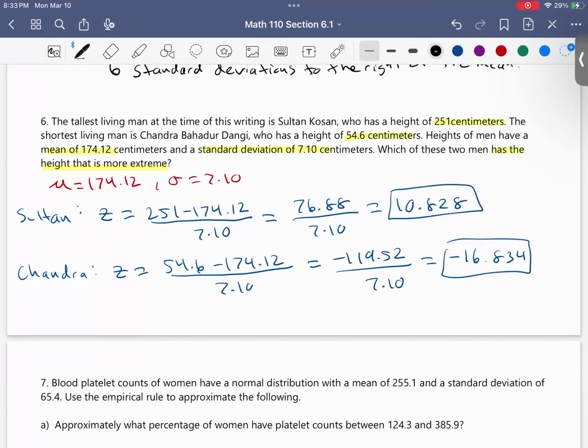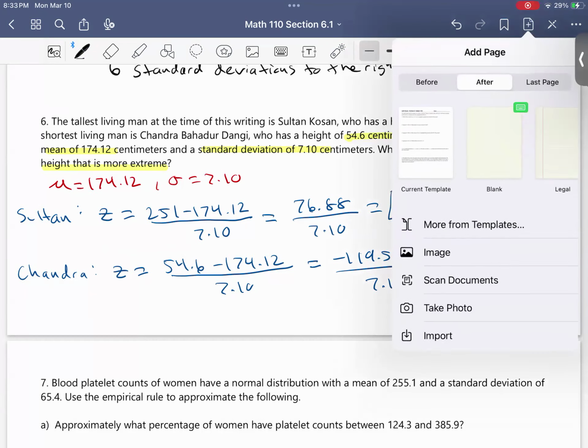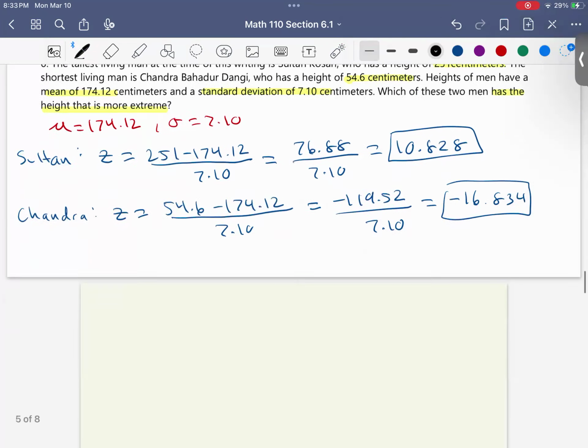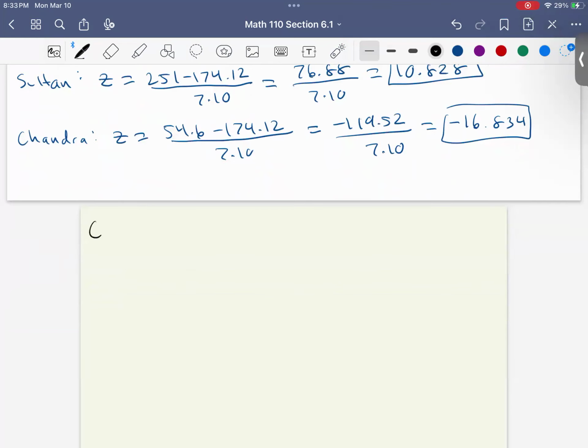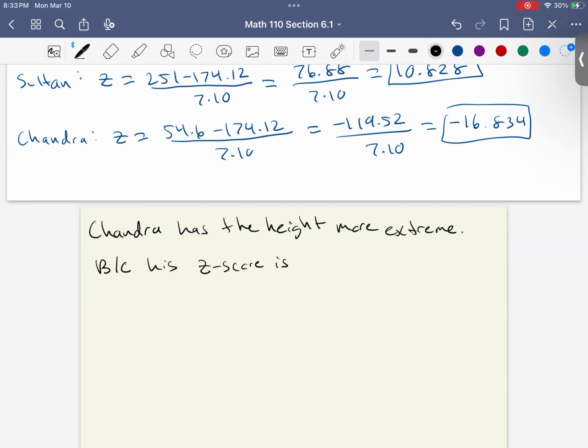So Chandra has the more extreme height because his z-score is farther from the mean.